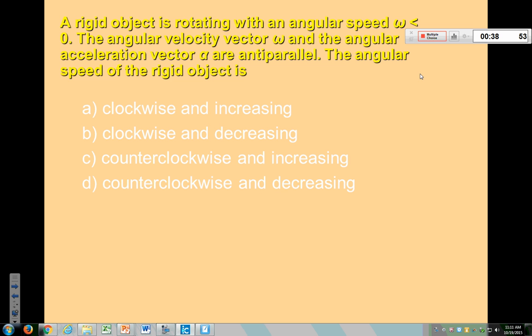So the velocity and the acceleration are in opposite directions. The speed is negative. So what is the object doing in its rotation?